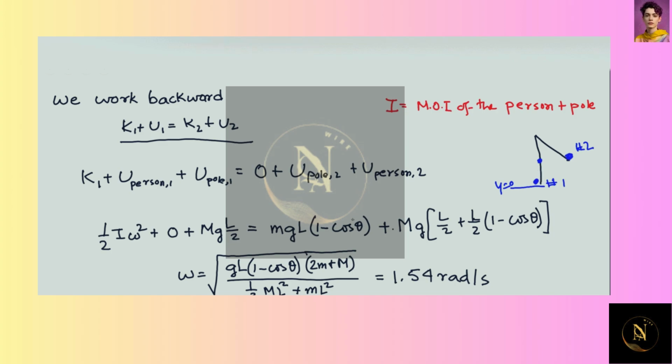And then at this part, we have the potential energy of the pole and the potential energy of the person. The way we calculate the person's potential energy is we calculate the height. So we see this is L and this is theta, so this part right here is L cosine theta, right?